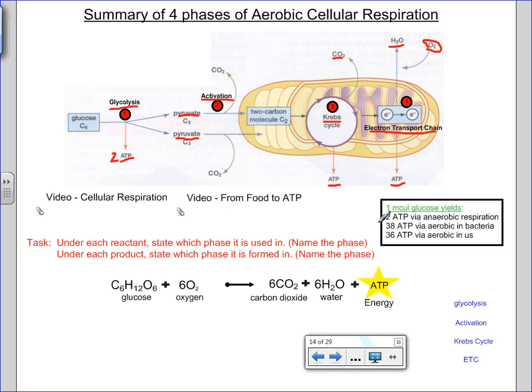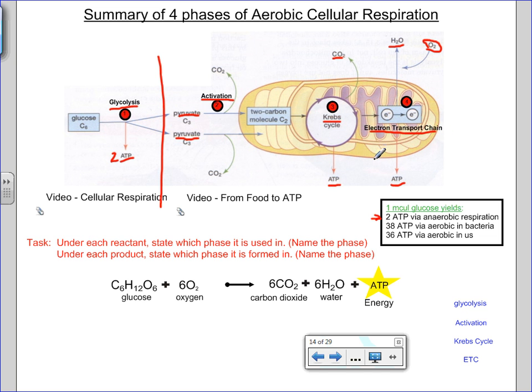So for every 1 molecule of glucose, we get 2 ATP if only glycolysis happens. Okay, so for anaerobic conditions, I can draw a line here, and all that will happen is glycolysis. So we only get 2 ATP. If there's plenty of oxygen around, then the pyruvate molecules can go into the Krebs cycle and electron transport chain to give us 38 in bacteria, 36 in us.